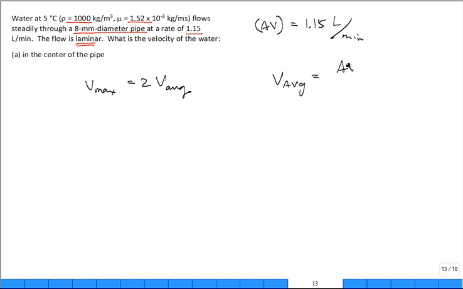Is it the volumetric flow rate divided by the area? Yeah. And so this one's known. What's the area? Area is just pi d squared over 4. For this problem it was 0.76 meters per second.